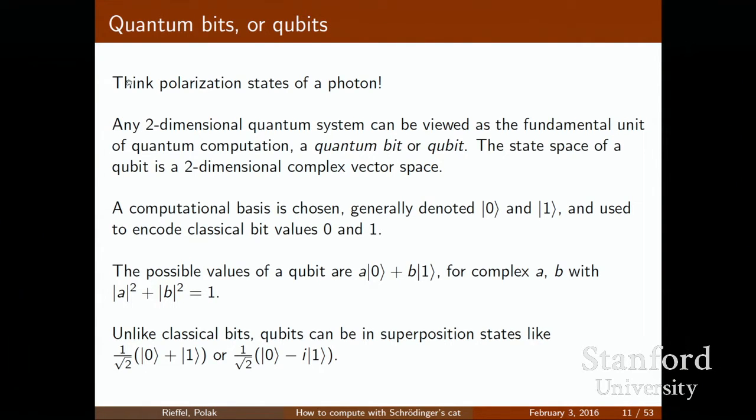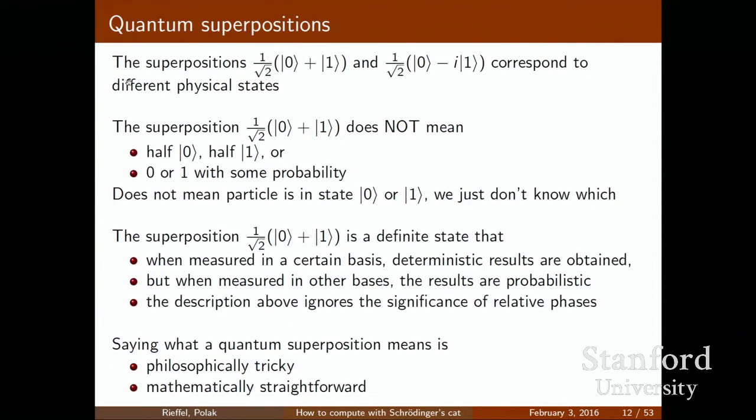And note that because of the complex amplitudes, we need to be a little bit careful about how we think of these things. It's tempting to say that a superposition like I've drawn there, and this corresponds to a 45-degree angle photon, is half vertical and half horizontal. But that's not how we would really describe a photon, right?